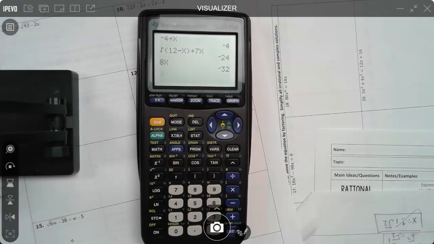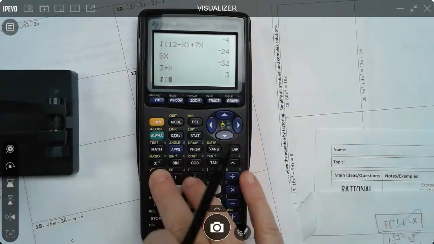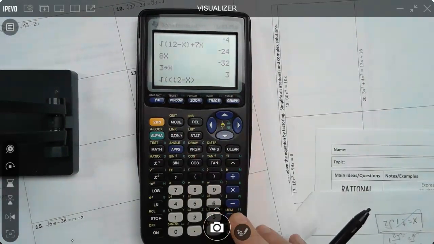Now, check the other one. Well, you got to check both of them. So what was the second one we had? 3x equals 3. 3 store as x. Now I'm going to type the same thing. Left side, square root, 12 minus x plus 7x.